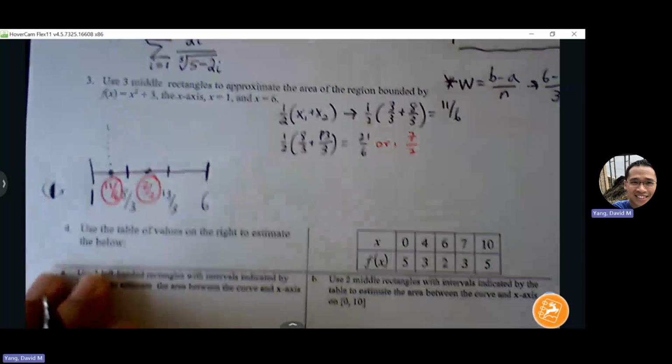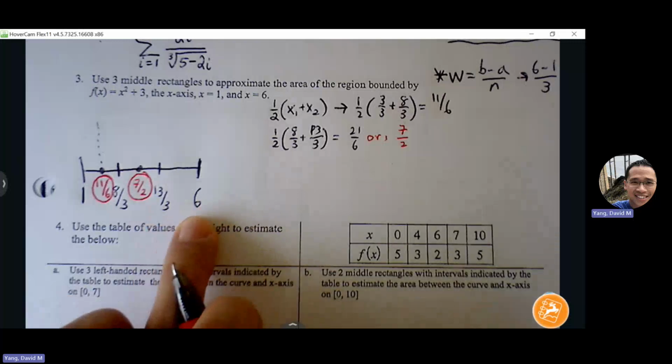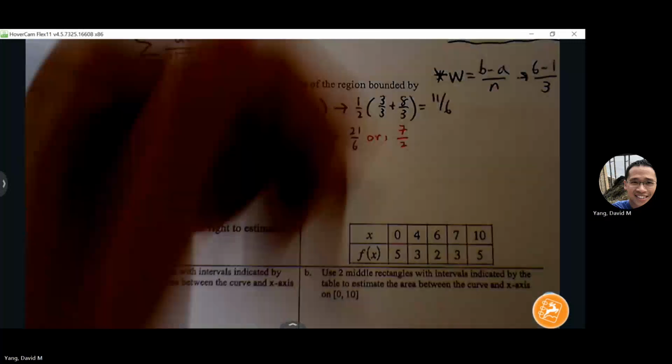Either is fine. You're using your calculator to do everything. Okay. What's the midpoint between 13/3 and 6?